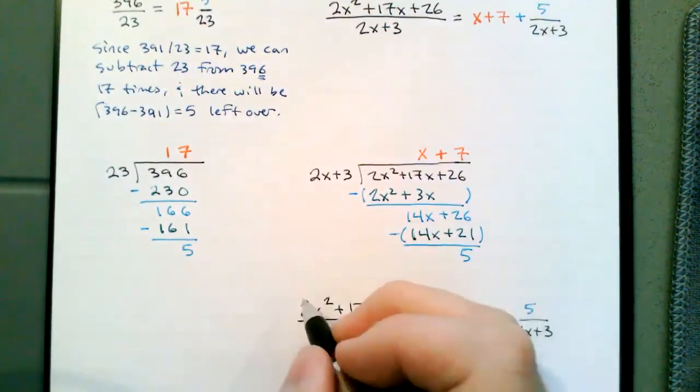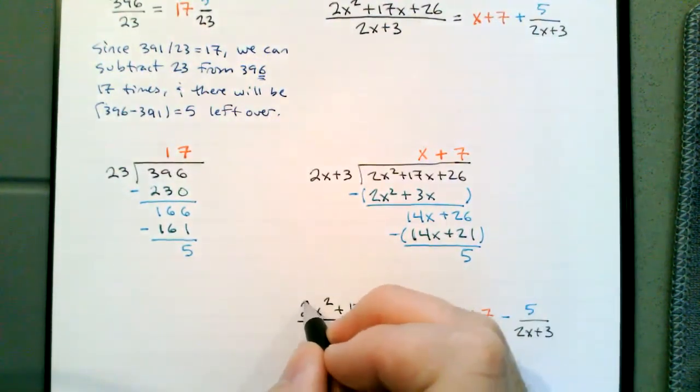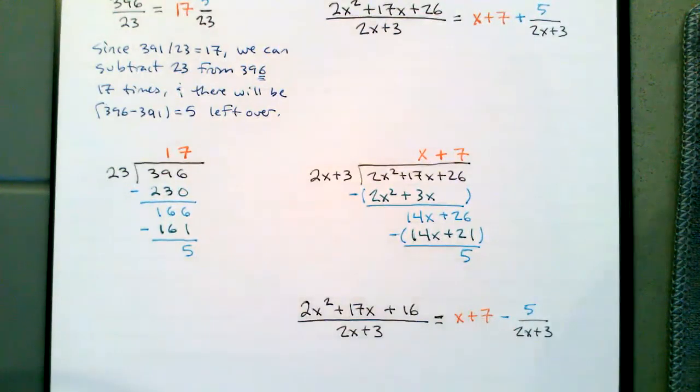If we've already divided the 2x squared plus 17x plus some constant by a 2x plus 3 and come up with x plus 7 plus some remainder, then if I subtract and make the remainder negative, we shouldn't be thrown by that.